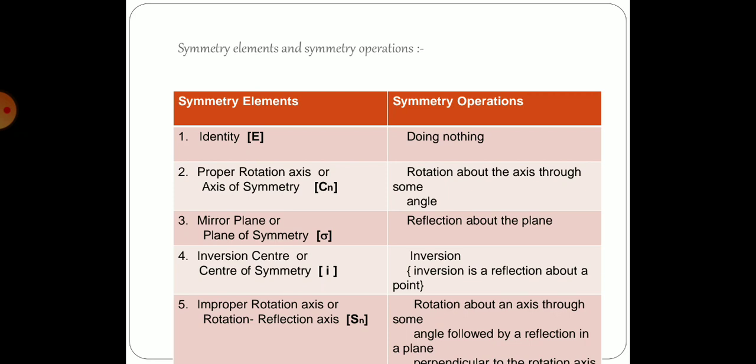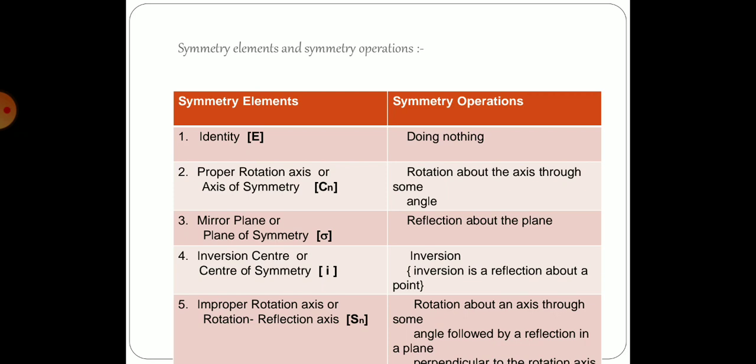Third one is the plane of symmetry. The plane of symmetry is denoted as sigma, and its operation is reflection about the plane. It can be vertical, it can be horizontal. Okay, the fourth one is the inversion center or center of symmetry. It is just an inversion or reflection about a point. Okay, the last one is the improper rotation axis.